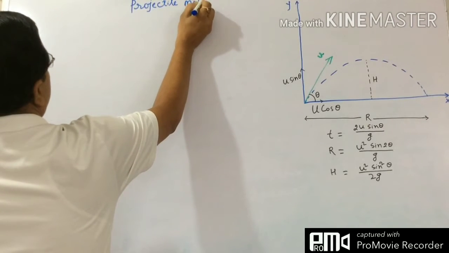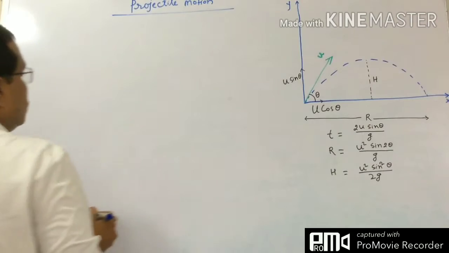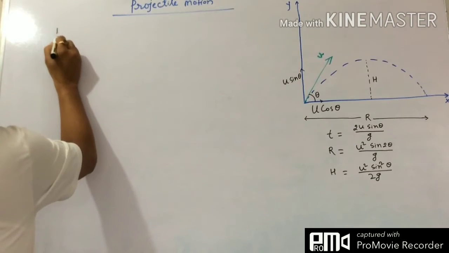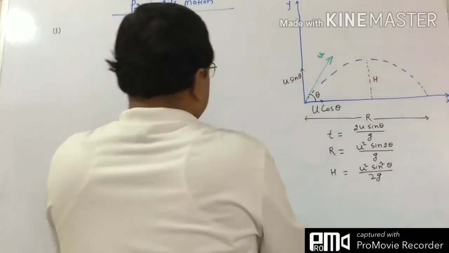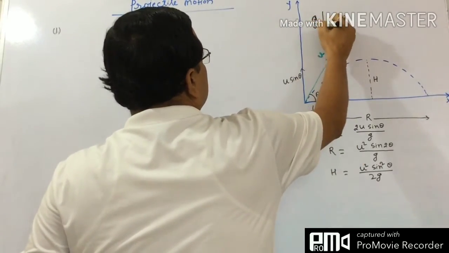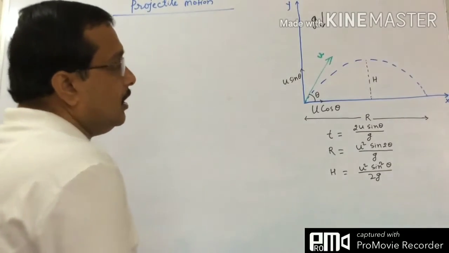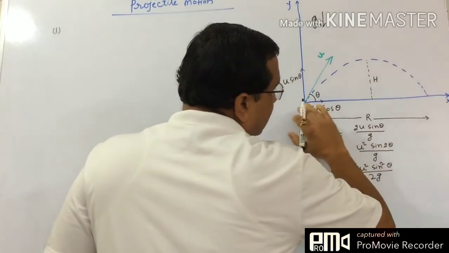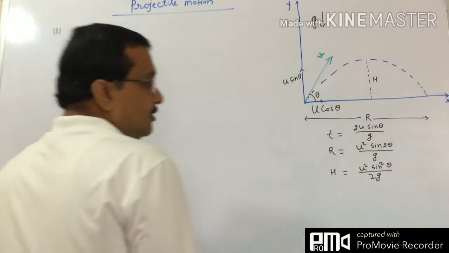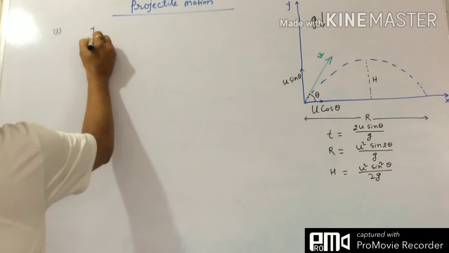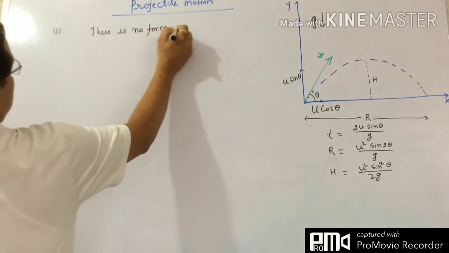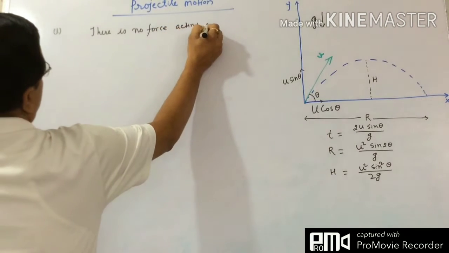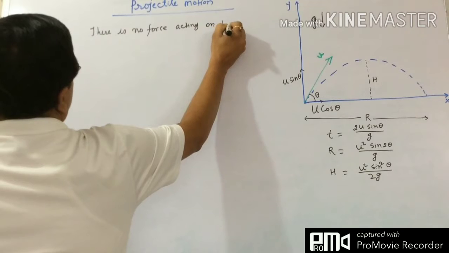If you talk about the first point, the acceleration due to gravity g acts in the downward direction, and there is no force acting on this particle in the horizontal or x direction.